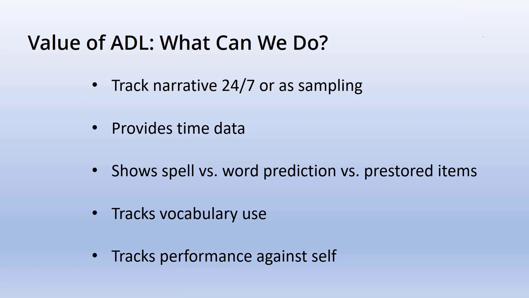It also tracks performance against itself, so we're not using this to match the client's performance against some standards or norms. This is not a normative system, but we can look at what my client did this week and measure it against what he did the week before, or even the month before, or the year before.